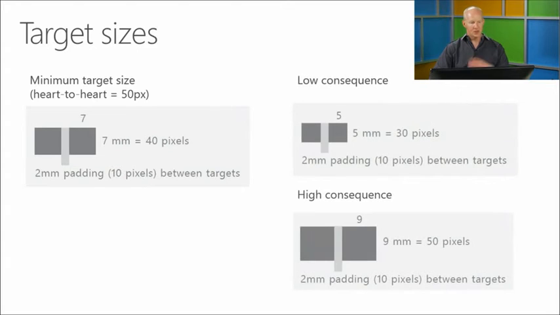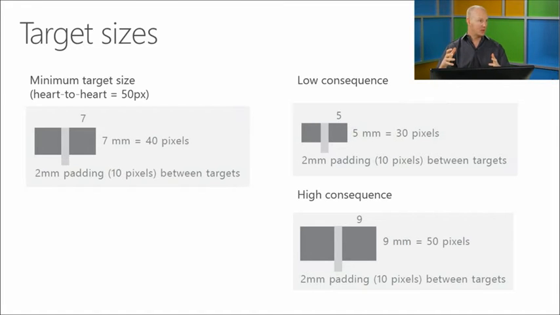Okay. So if the recommended minimum target size is 7 millimeters or 40 pixels, you have about 2 millimeters or 10 pixels of padding between targets. So the heart to heart between those two is going to be about 50 pixels. And that's a great place to start, and you might tune that according to the scenario. If it's low consequence, like a checkbox that I check or uncheck, and if I see that I accidentally hit it, it's no big deal, you can make it a smaller size and fit more content onto the page.